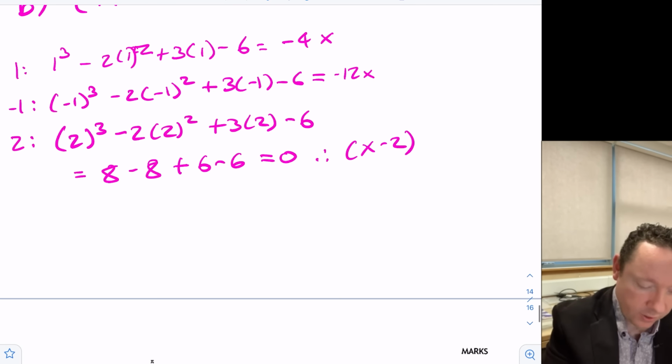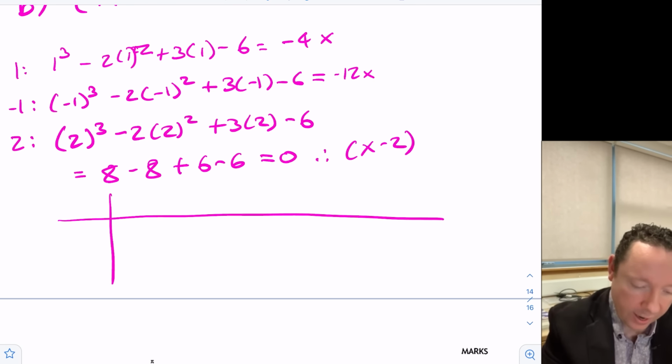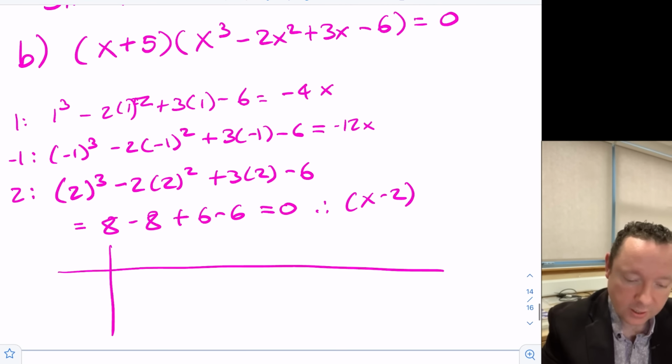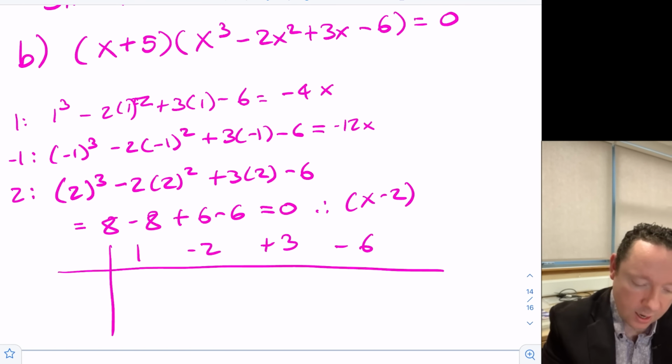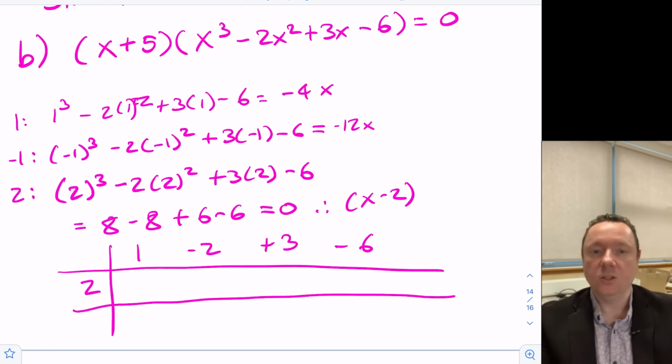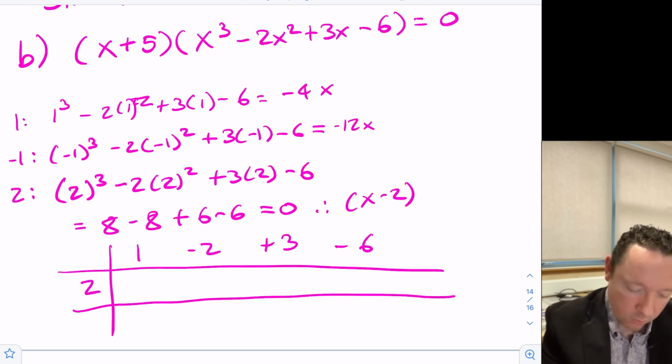So we're going to have to synthetic division it anyway, but we now know 2 goes in. So synthetic division just on the x cubed minus 2x squared plus 3x minus 6, and we're subbing in 2. Now you could have just done that at the start and done it for 1, minus 1, 2 and so on. We've got 1, 2 1s are 2, minus 2 is 0, 0 again, plus 3, 3 2s are 6, 0.